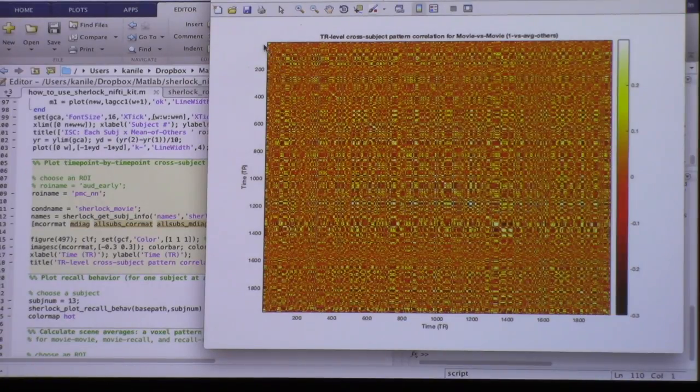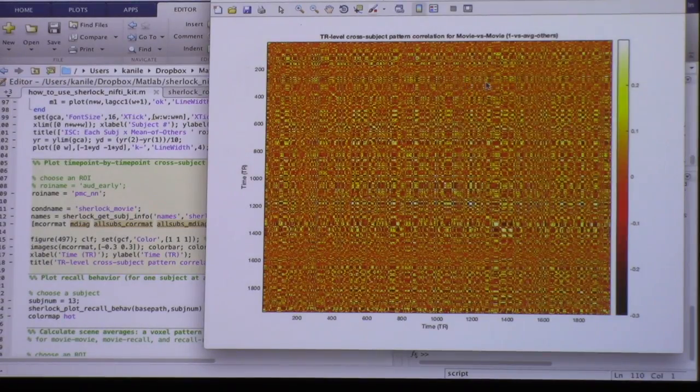So this diagonal that you see is telling you that there's a similarity between different subjects at the corresponding time point in this ROI. But you see a lot of stuff off of the diagonal too. This is in posterior medial cortex. This very well could be related to the fact that there's similar content between different time points in the movie, right?